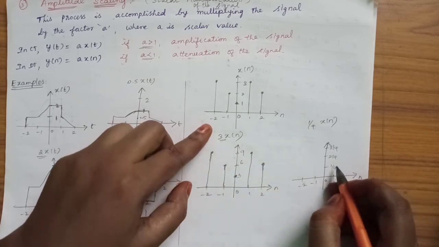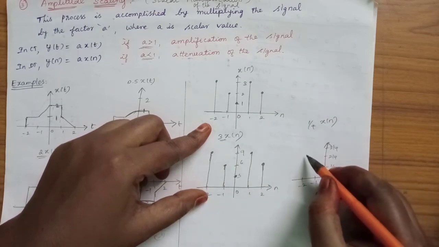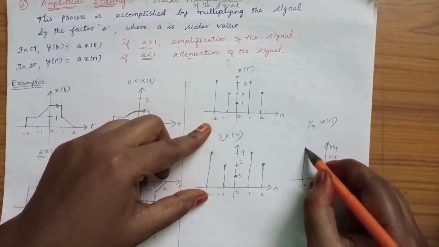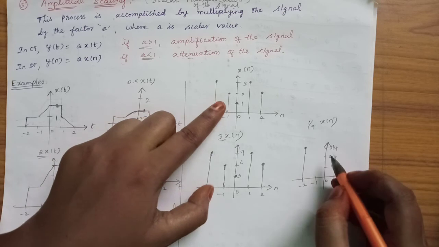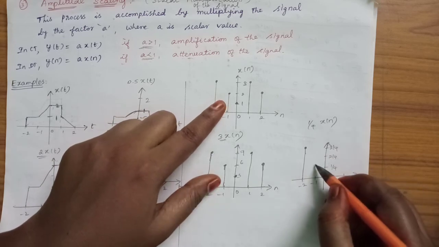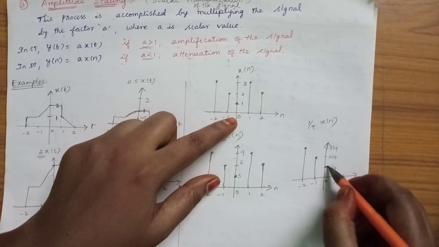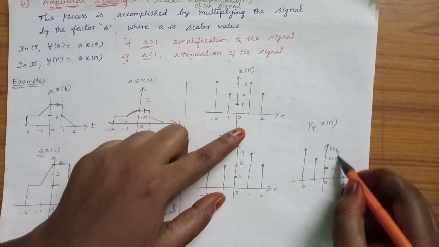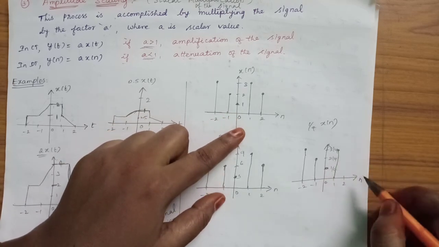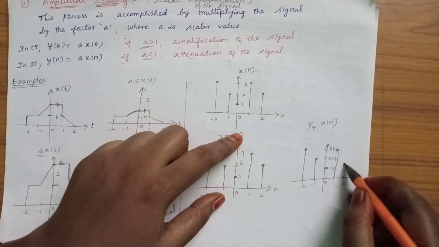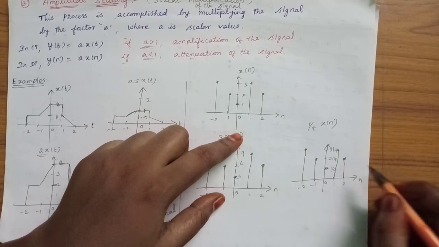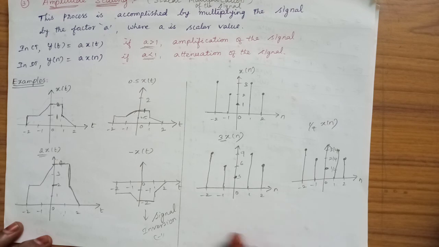At minus 2 the value is 3, so 3 into 1 by 4, 3 by 4. Here 2, so 2 by 4. At 0 it's 1, so 1 by 4. At 1 it's 3, so 3 by 4, and at 2, again 2 by 4.